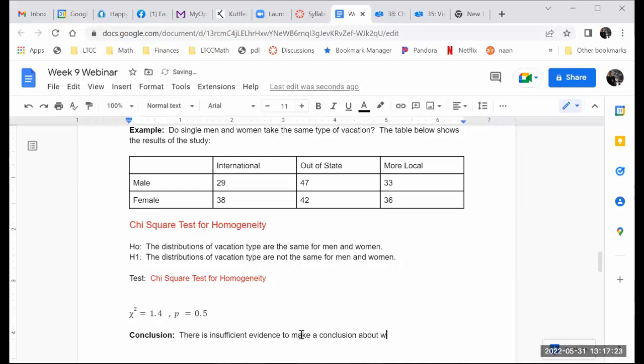about whether, and then I copy and paste: the distributions of vacation type are not the same for men and women. So is that always the case, as the test statistic goes up, the p-value goes down?